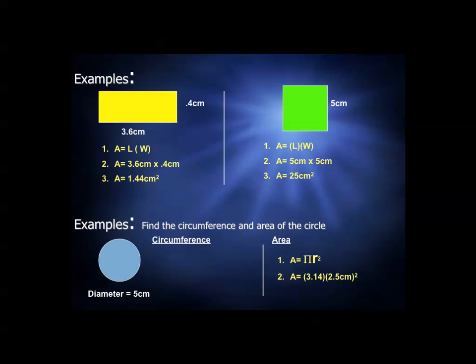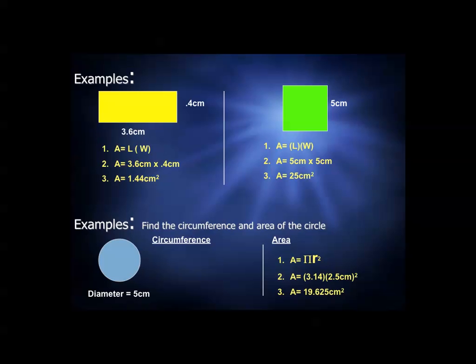So what do I get for my answer? Who got a number? Matthew, what did you get? 9.5 squared. Did you multiply times pi? 3.14 times 2.5 times 2.5. I forgot the pi.